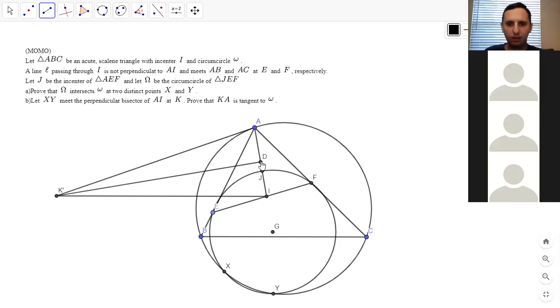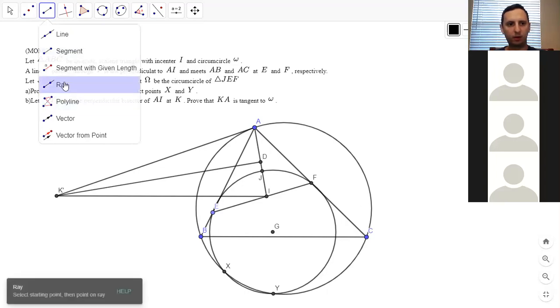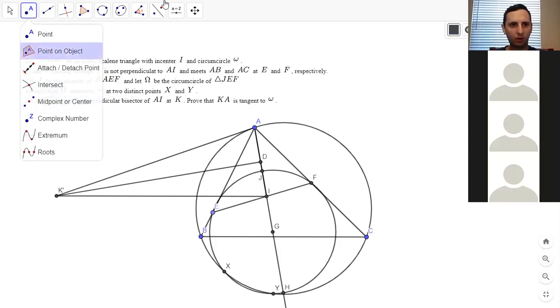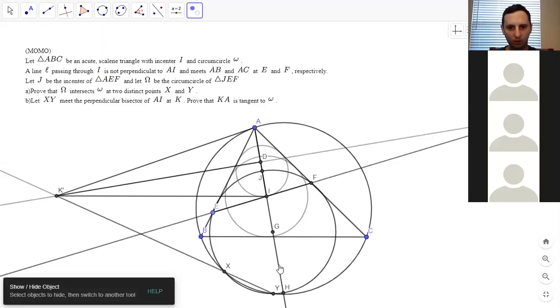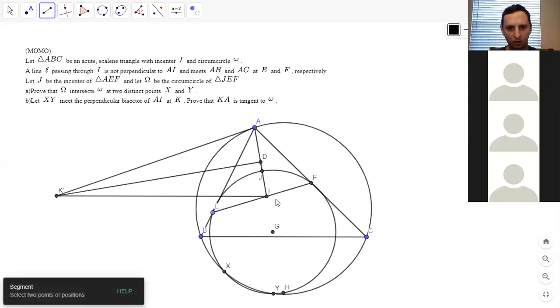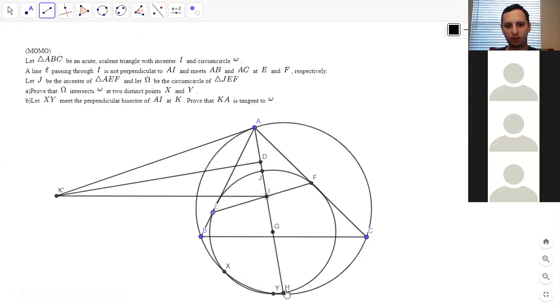So when you let AI cut the circle JEF at two points, it will be J and another point, H. So A, I, J, and H will be harmonic.